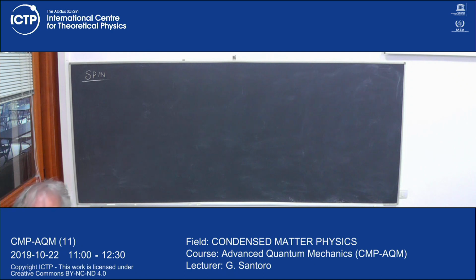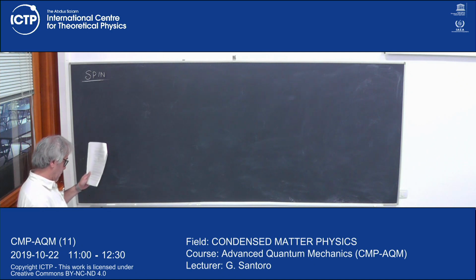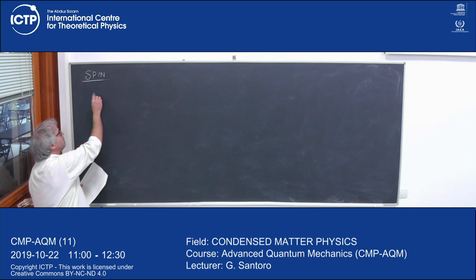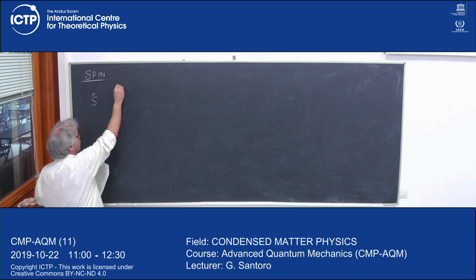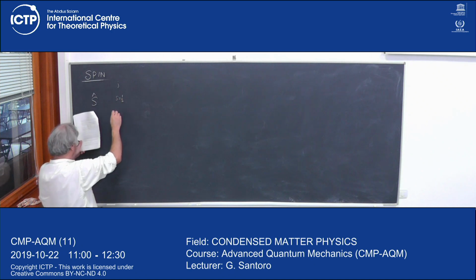A few years after the discovery, Dirac understood the origin of this object, which is intrinsically relativistic, by the way, appears out of the Dirac equation in an appropriate limit, but we don't care about it. We simply say there is an angular momentum, I'll call it S, an operator. Before I was calling it J, now I will call it S equal to 1/2.